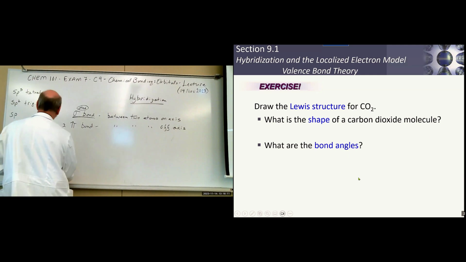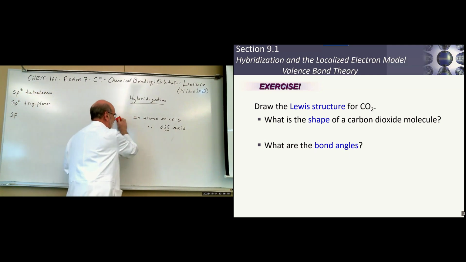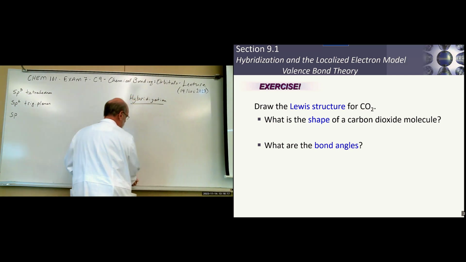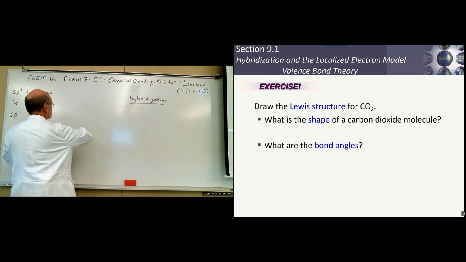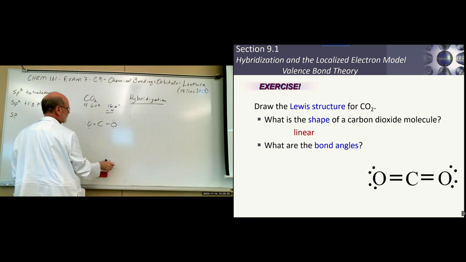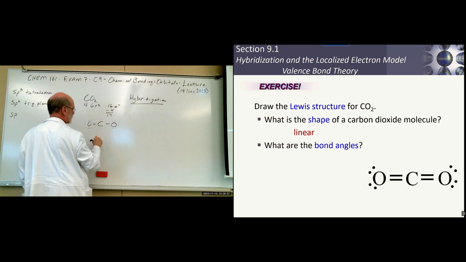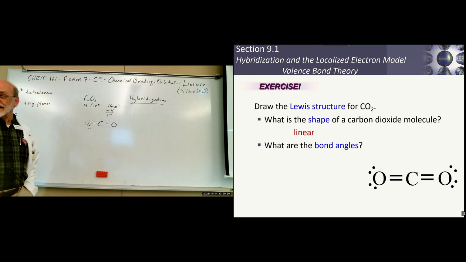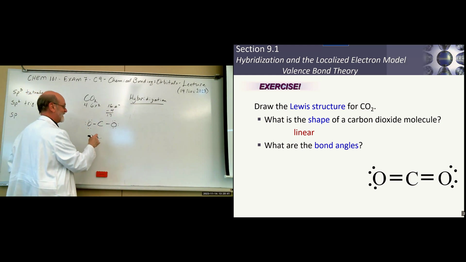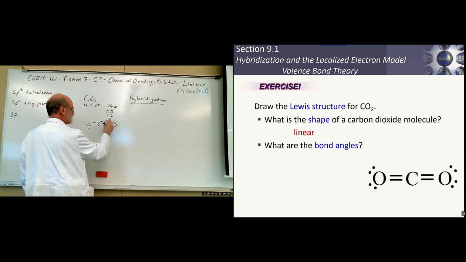Okay, let's try carbon dioxide. We've done carbon dioxide before. It's going to be 2, 4, 6, 8, 10, 12. Okay, I finally got there. Now we take these two and make a double bond, and these two make a double bond.